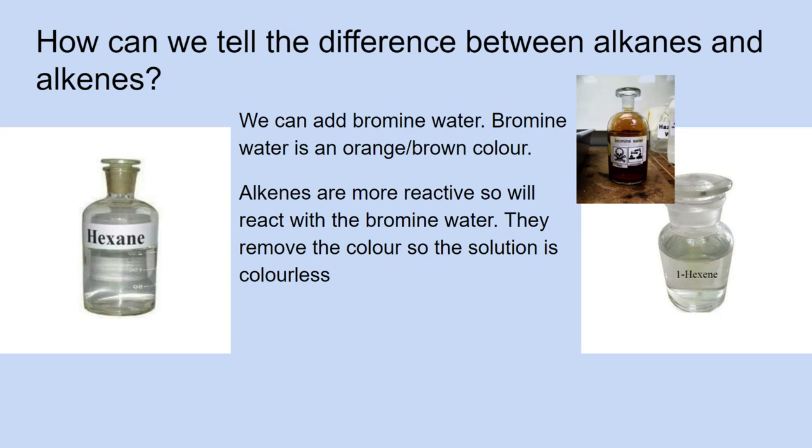If you can't remember that, a picture is on the screen so you can see it. Now alkenes, so the one on the right hand side, is more reactive. The reason it's more reactive is because it's got a double bond in there. That double bond basically wants to break up and react. So what alkenes do is they react with bromine water.